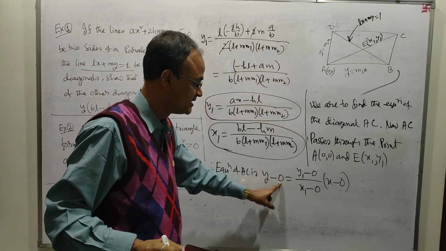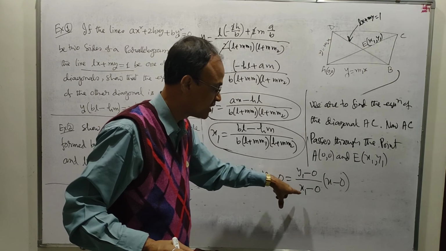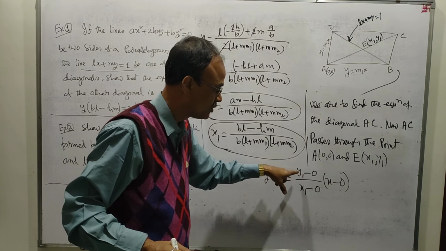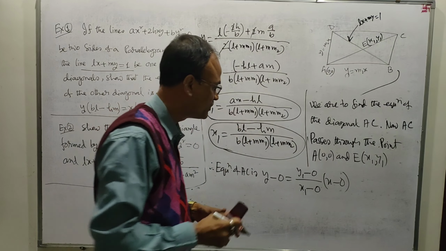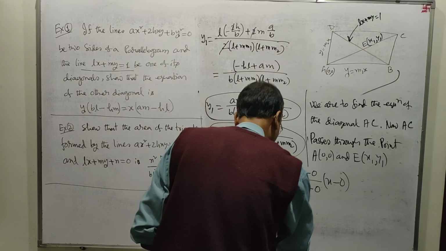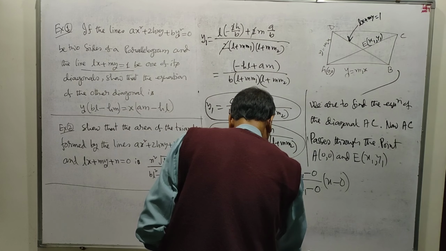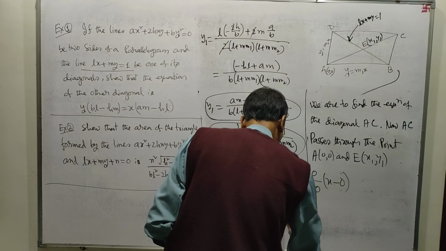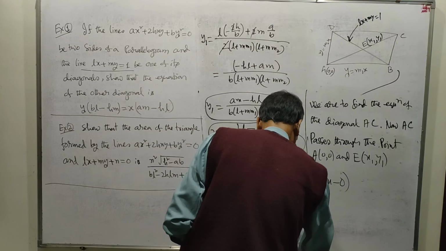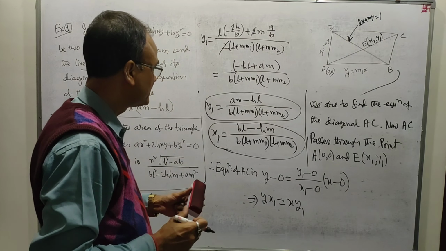Here x1 is 0, y1 is 0, and x2 is x1, y2 is y1. This means y x1 equal to x y1.